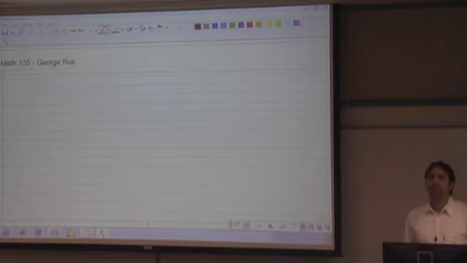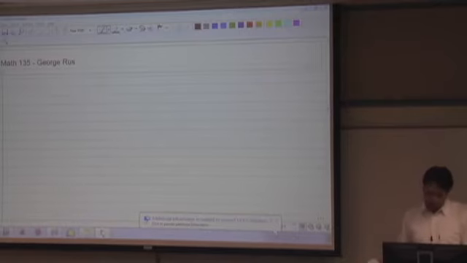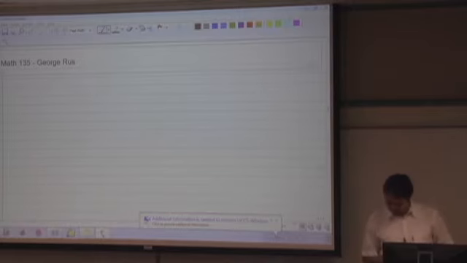Yes? For the homework for number 2, how do we go about solving this? In what sense? Problem number 2 in section 4? What do you mean how you go about solving it? There's two graphs. One of them is the graph of f, the other one is the graph of g. Right? So the whole idea is you're supposed to pick it up from the graph.